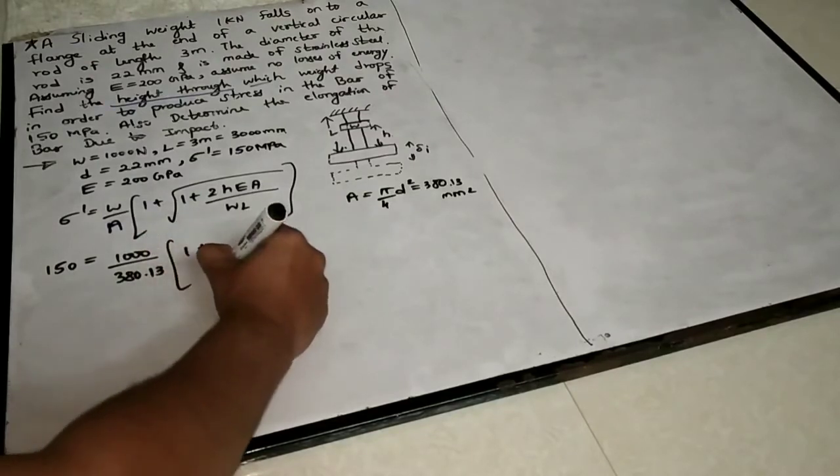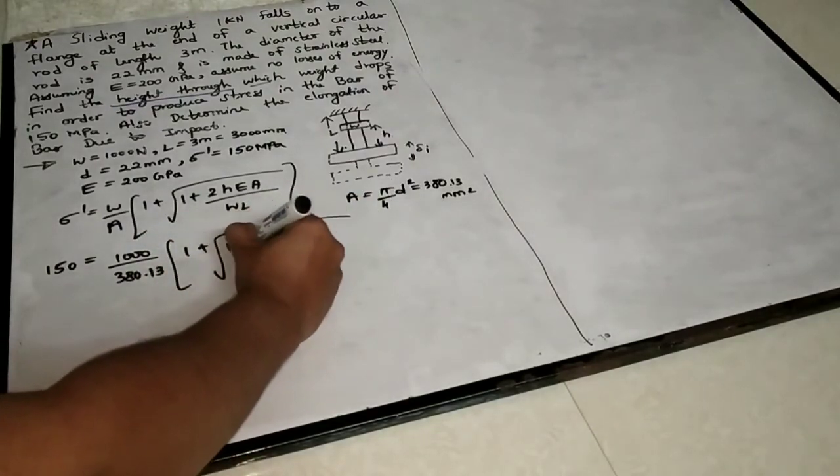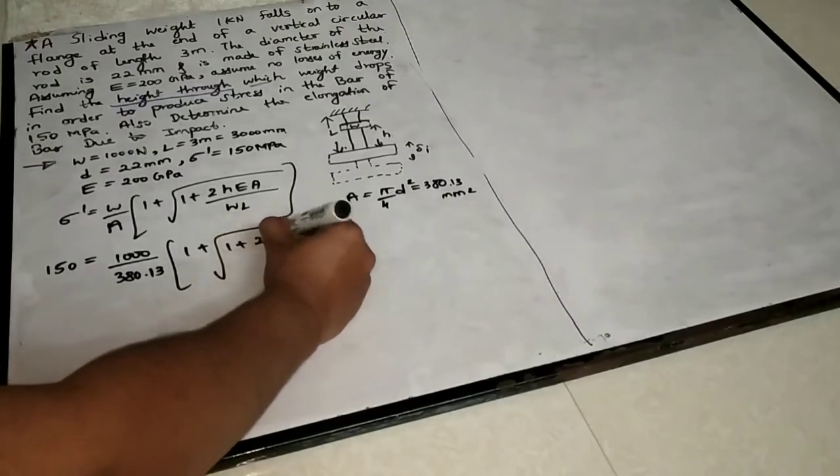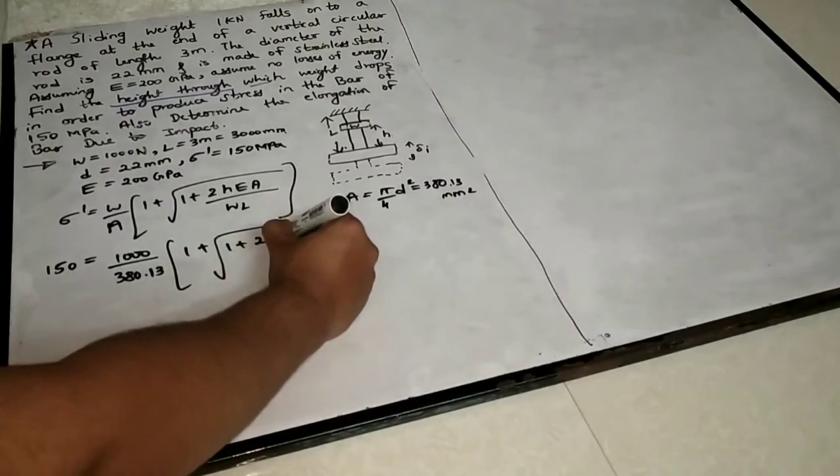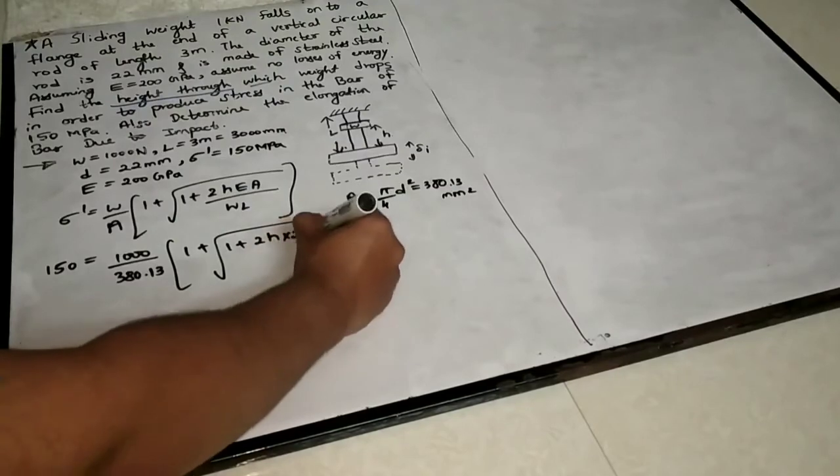1 plus square root of 1 plus 2 h, because this is what we are going to find. Young's modulus 200 GPa is there, into 10 raised to 3.